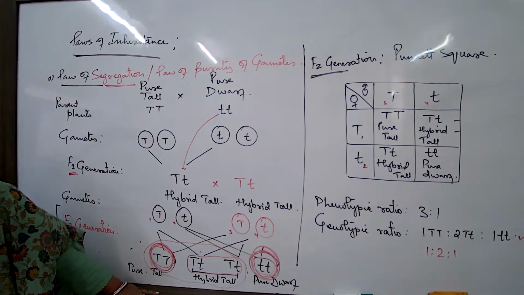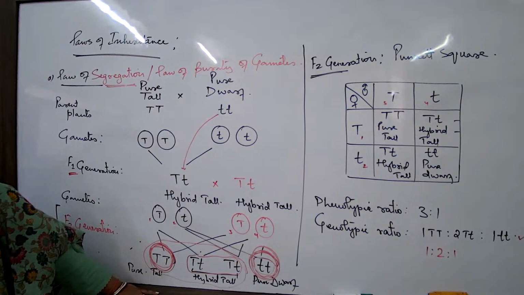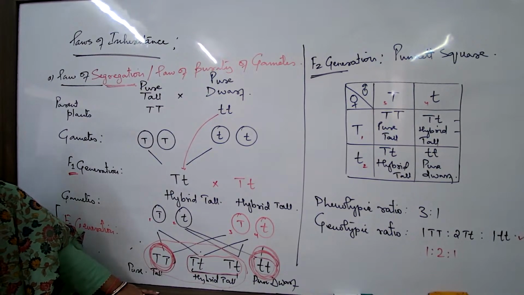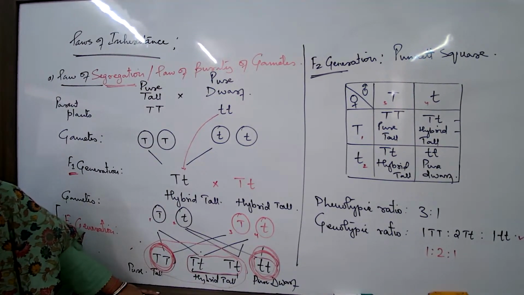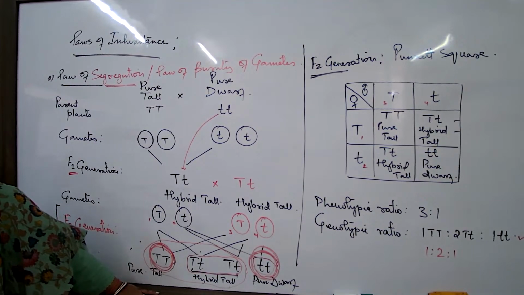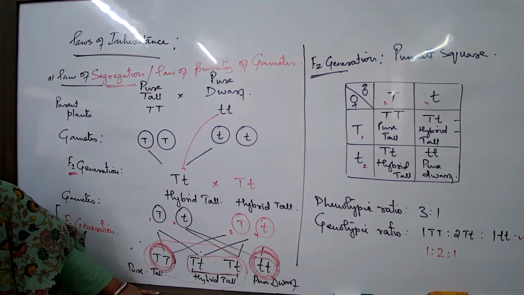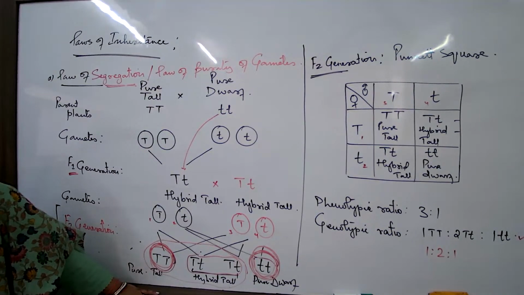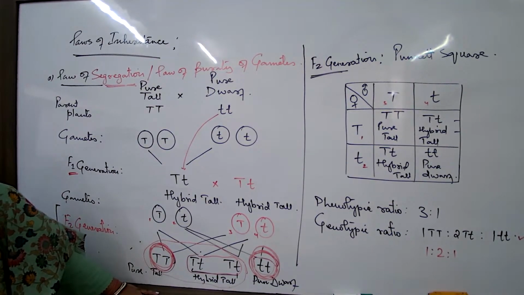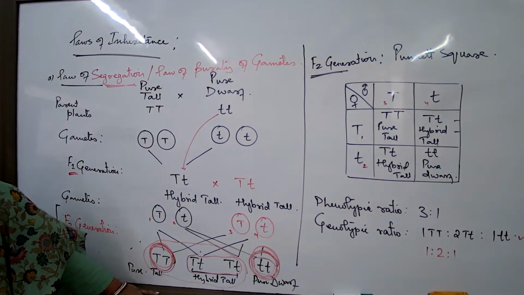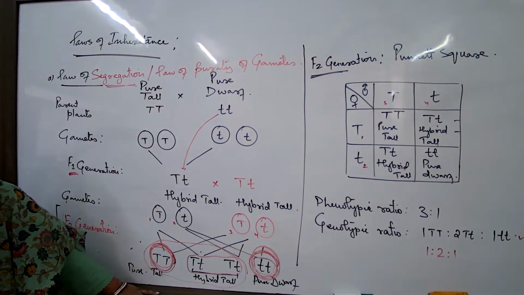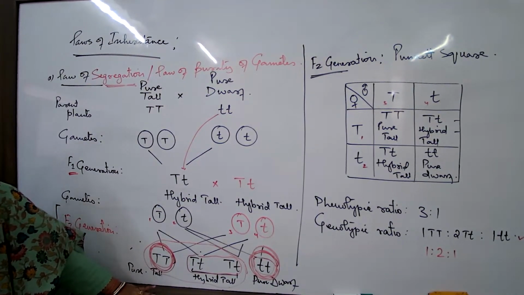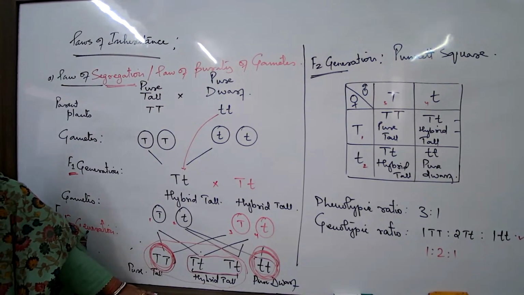Do not blend, B-L-E-N-D, I'll tell you what is the meaning. Do not blend or mix and separate or segregate during gamete formation. So this is the statement of segregation, the law of segregation.